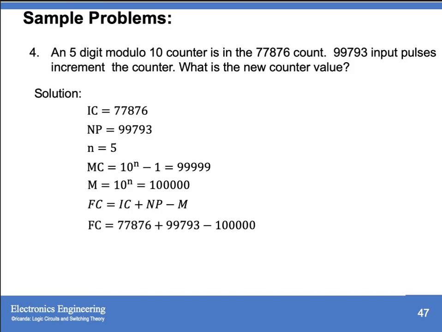So we have 77876 plus 99793 minus your number of states, which is 100,000. So therefore, FC is equivalent to 77669. So that is our new counter value. And that's all for our sequential circuits, register, and counters.